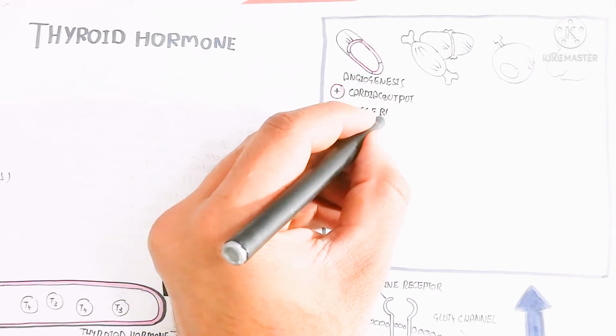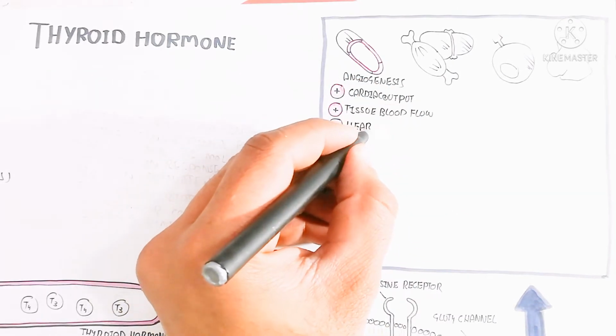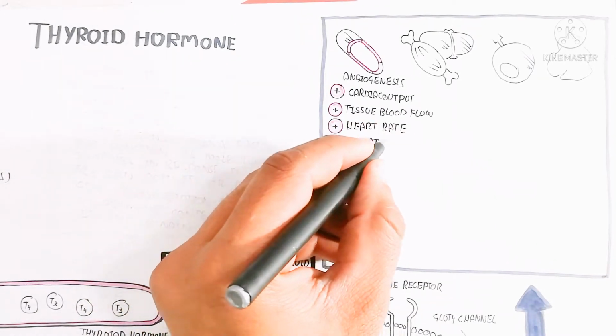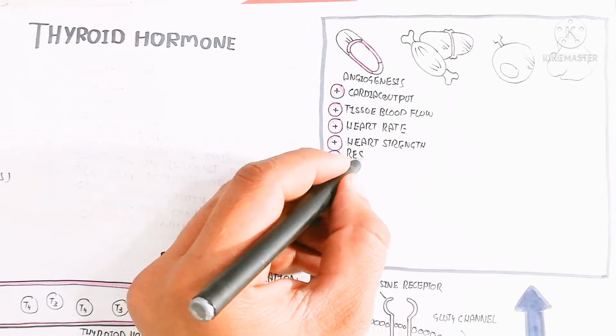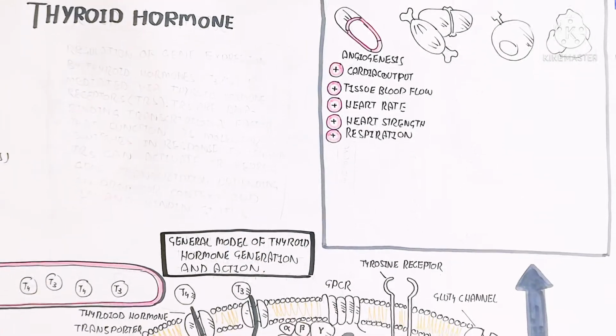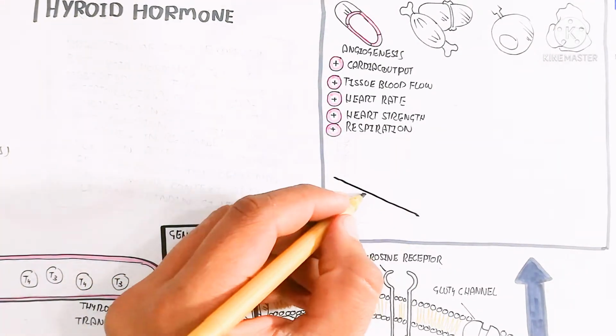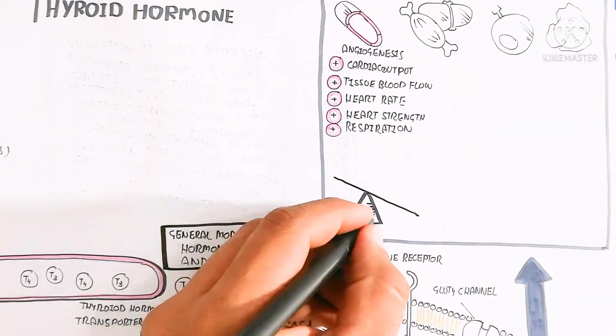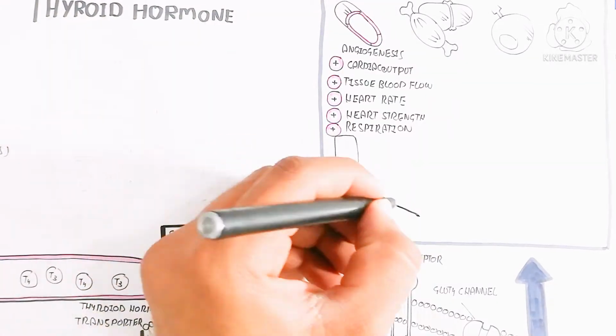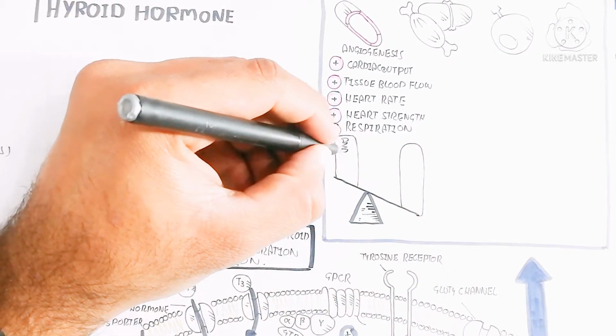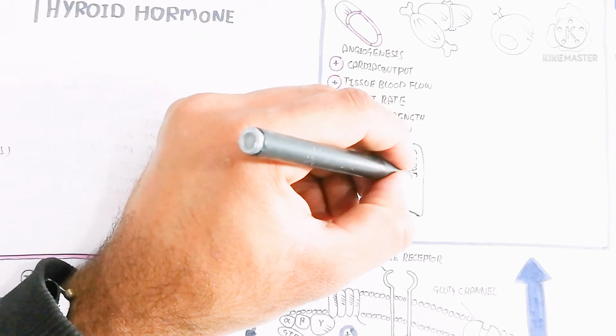Due to the synthesis of new protein, tissue blood flow will be increased, heart rate will be increased, heart strength will be increased, and respiration will be increased. In this way, anabolism will be decreased while catabolism will be increased, because the sympathetic nervous system will be activated also for this activity.